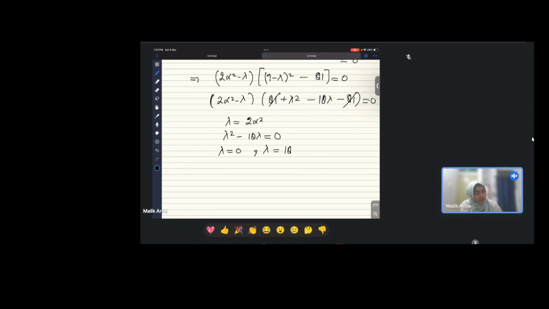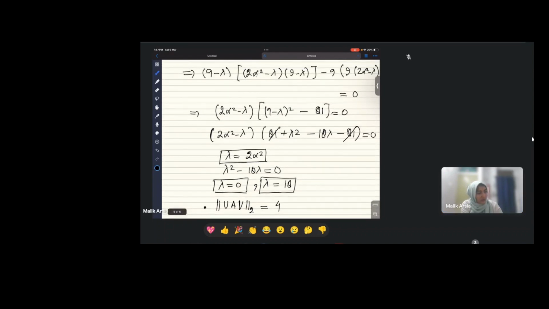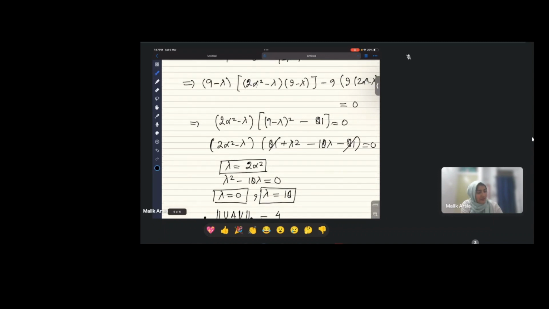Now see, madam, here we have been given that the 2 norm of UAV is 4. But one more eigenvalue? There will be only 3, no? It's a cubic. What about one more eigenvalue? Okay, three eigenvalues are possible.